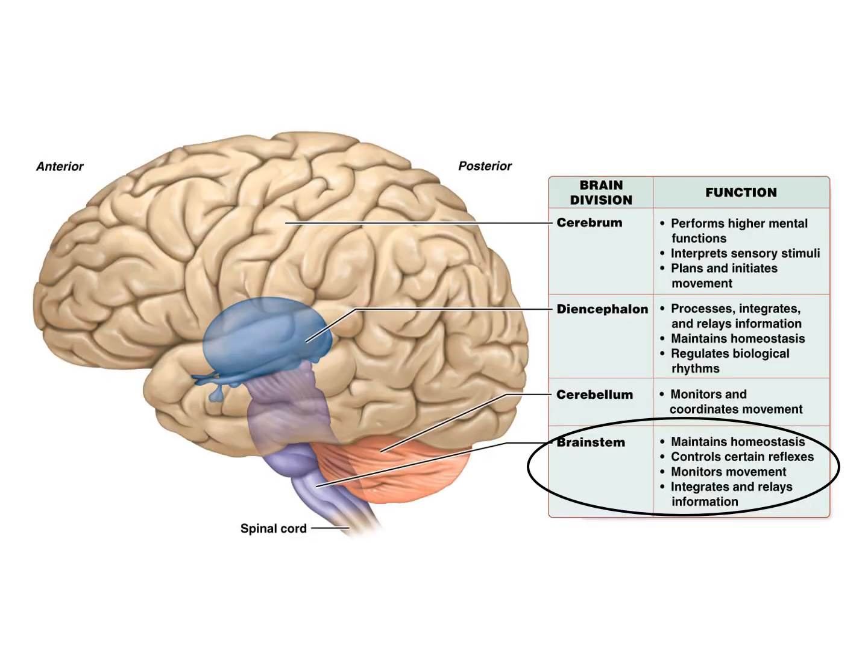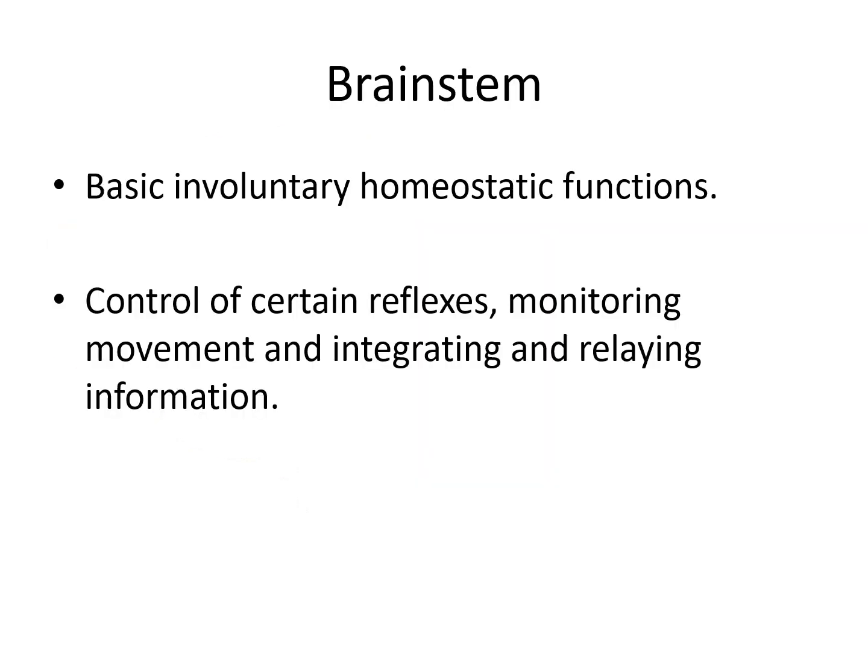Okay, so here in purple is the brainstem, and you can see it continues on with the spinal cord. So it controls the basic involuntary homeostatic functions, such as certain reflexes, monitoring movement, integrating and relaying information.